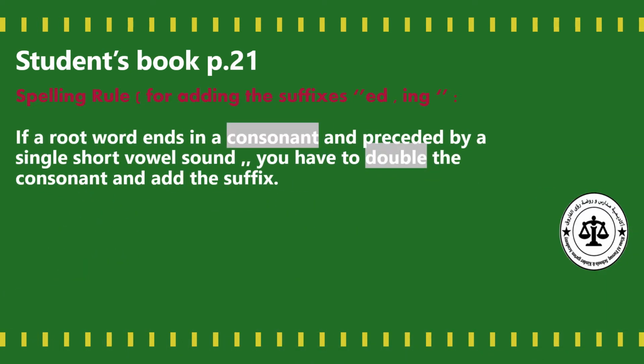If a root word ends in a consonant and is preceded by a single short vowel sound, you have to double the consonant and add the suffix. How? Let's take examples.